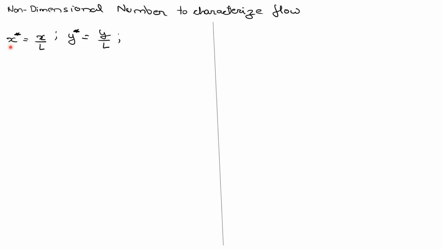normalize each variable. So our new variable will be called x star and y star. We'll normalize x by L. So x is in meters, L is in meters, and L can be whatever characteristic length you have. So if it's a plate, it will be the length of the plate, for example.